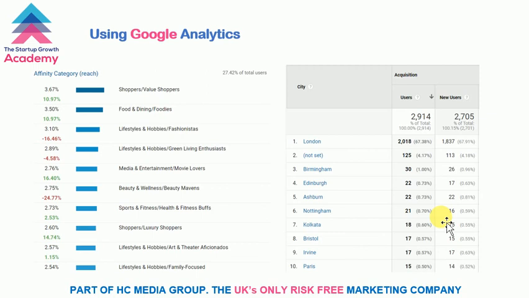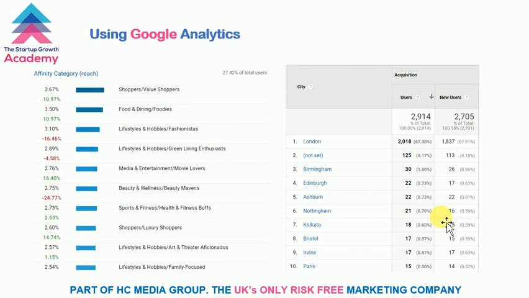Which means as a consumer, you're not going to get full of ads for things you're not really interested in. You're only shown ads that people think you'd be interested in, which is absolutely superb.